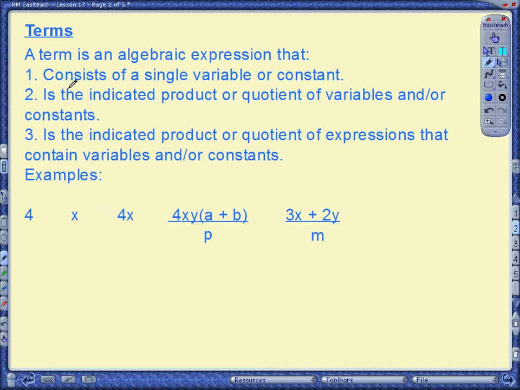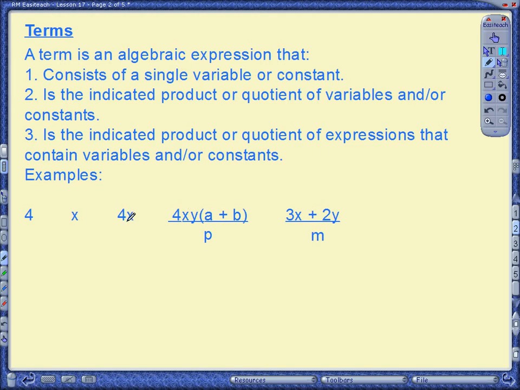Terms. A term is an algebraic expression that consists of a single variable or a single constant. 4 is a term. X is a term. A term is also the indicated product or quotient of variables and or constants.